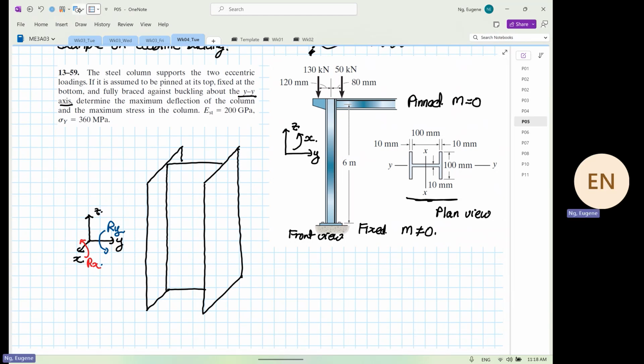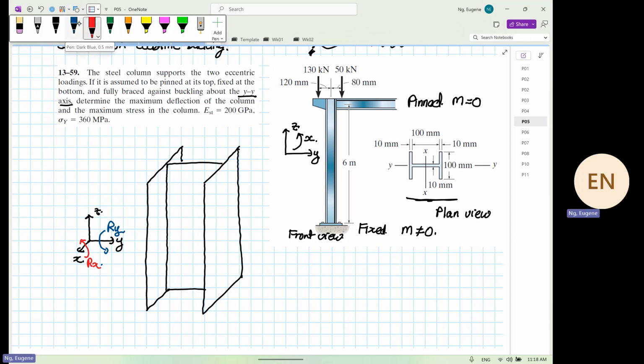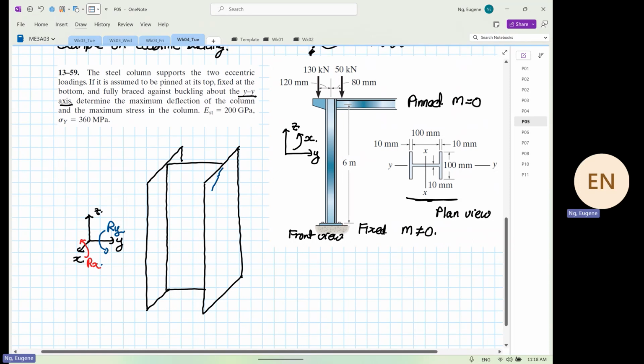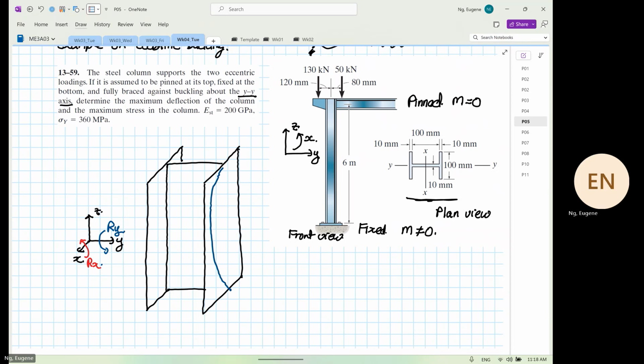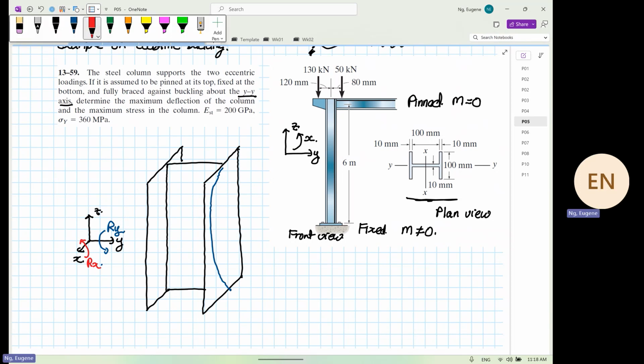If the rotation is about Y, the buckling, I'm going to sketch in blue, will look like this. Can you see it or no? Makes sense? So it's flat, okay? If the buckling is about X, it will look like this.